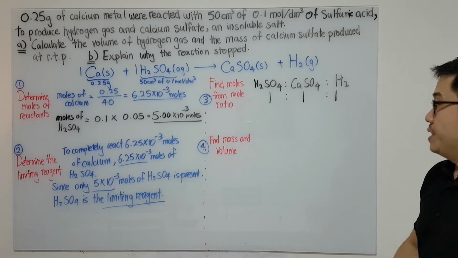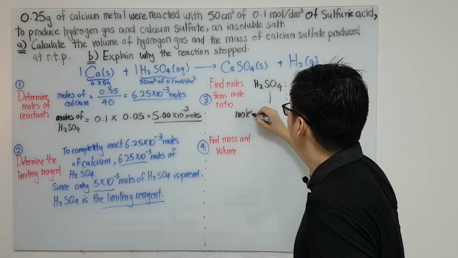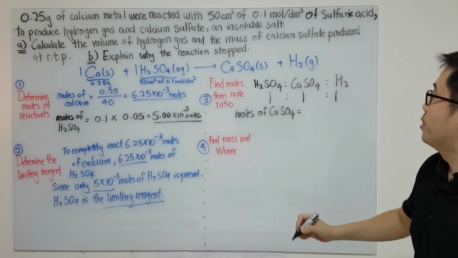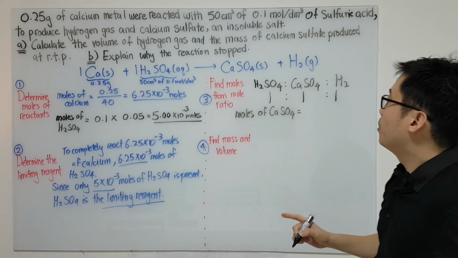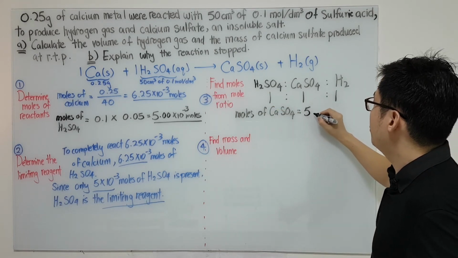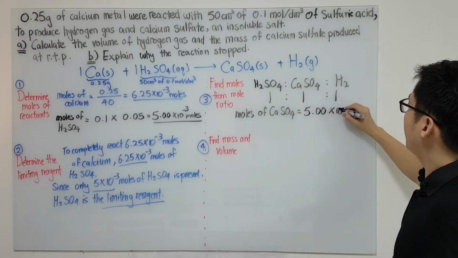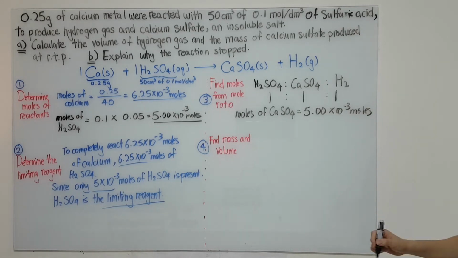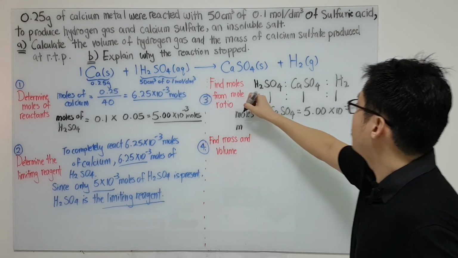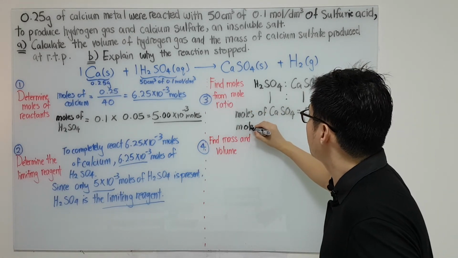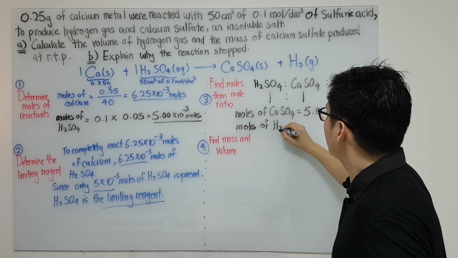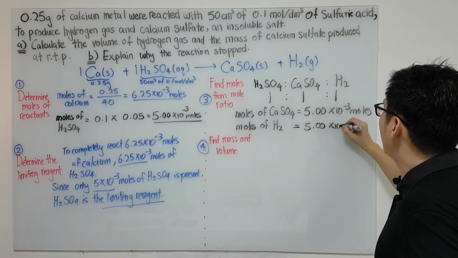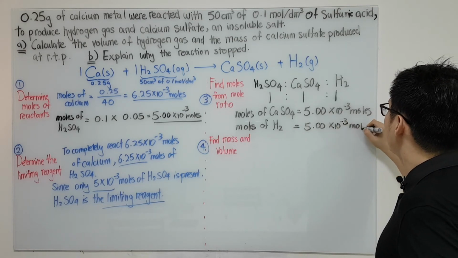So the moles of calcium sulfate produced is equal to 5.00 times 10 to the power of negative 3 moles. And of course, because H2SO4 to H2 is 1:1, the moles of your H2 produced is also equal to 5.00 times 10 to the power of negative 3 moles.